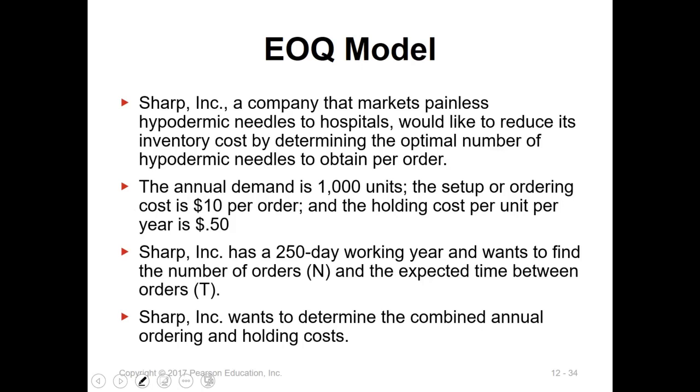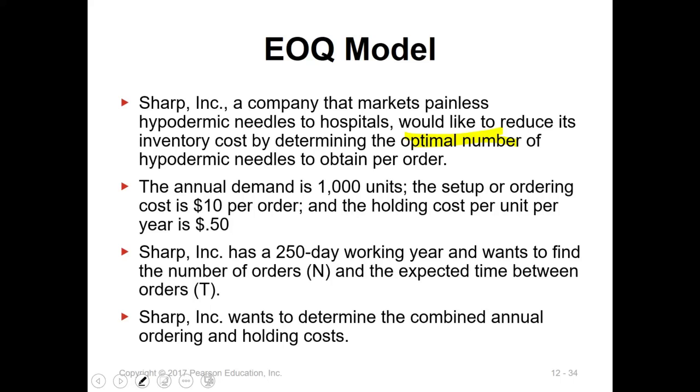In this example, we are going to calculate and answer a few questions. The first one: the company Sharp markets painless hypodermic needles to hospitals and would like to reduce its inventory cost by determining the optimum number of hypodermic needles to obtain per order.